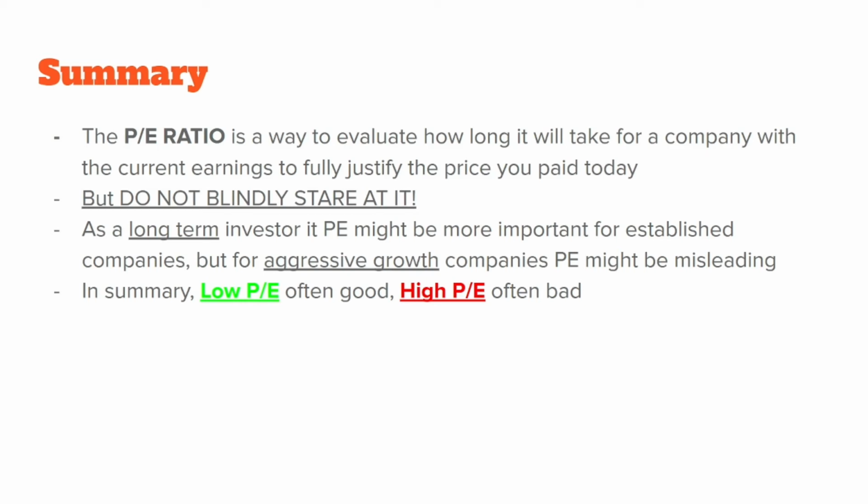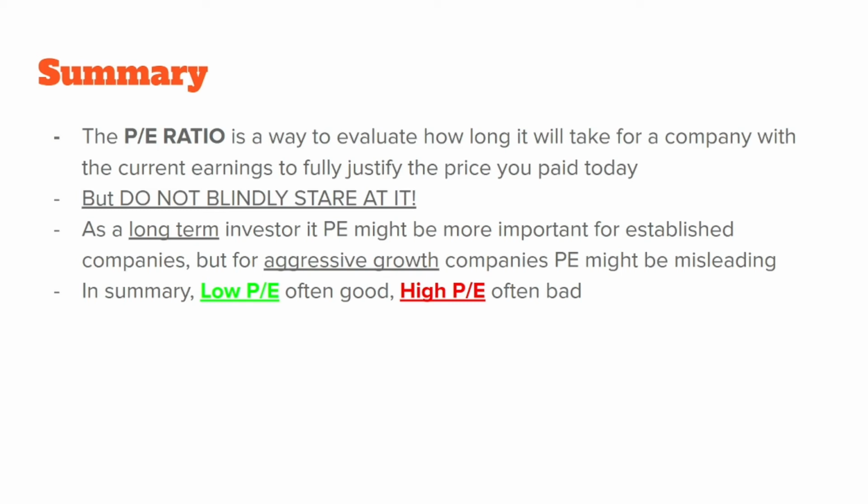Okay, moving on, our third point that you need to know is that as a long-term investor, PE in general is going to be more important to be aware of, especially when it comes to well-established companies, such as Coca-Cola and Disney, which we mentioned earlier, but other well-established companies as well.